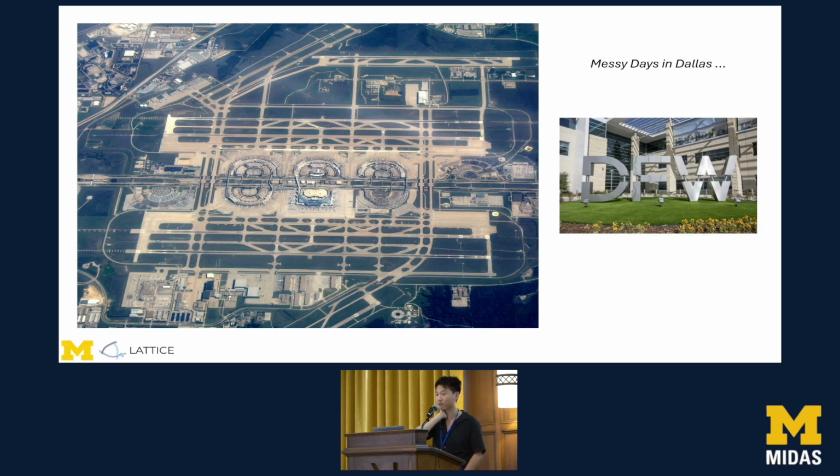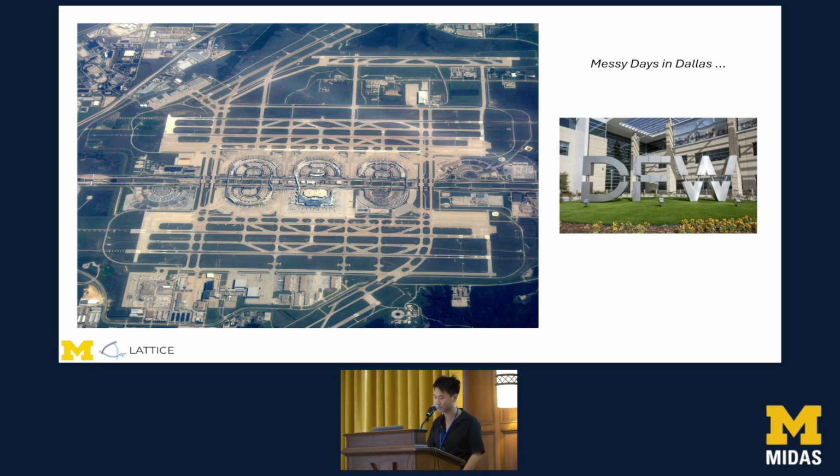It's a huge hub for American Airlines, their biggest hub, and it is quite an impressive piece of infrastructure on face value, with quite a lot of runway capacity and gate capacity as well. Let me show you what happens when there is bad weather, severe thunderstorms around the Dallas metro area, which is quite common especially in the spring and summertime.